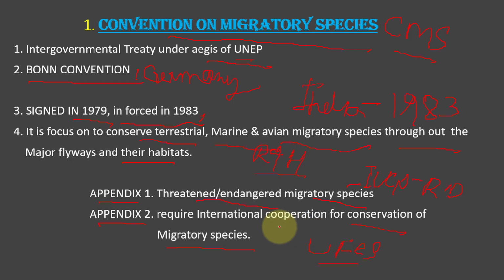So just remember two facts, friend: what is Appendix 1 and what is Appendix 2 in CMS. आपको फिर सब कुछ याद नहीं करना है, आपको केवल ये याद करना है what is CMS. It focuses on this kind of thing and is also known as the Bonn Convention, and nothing else.